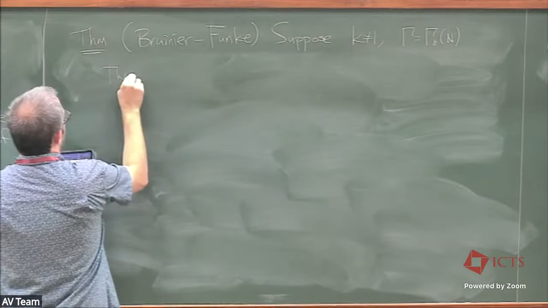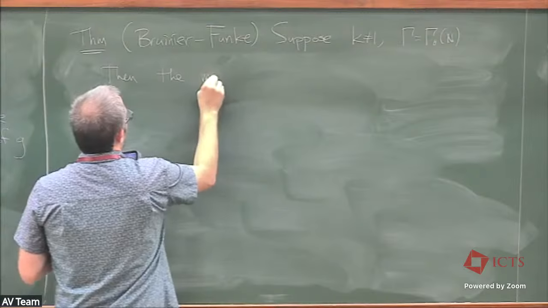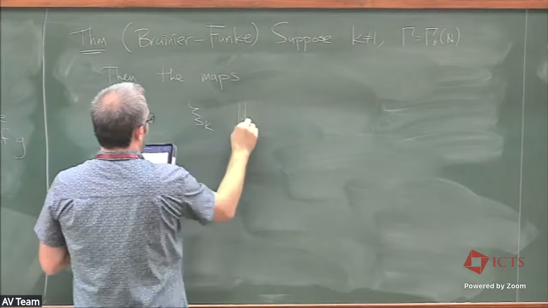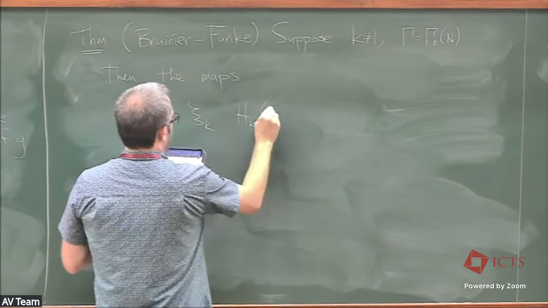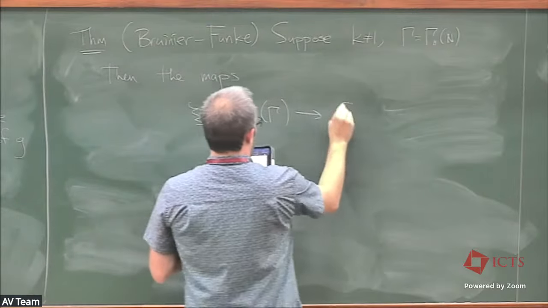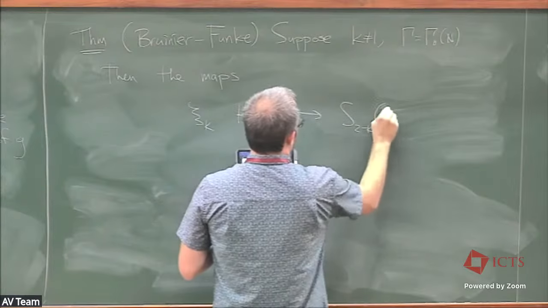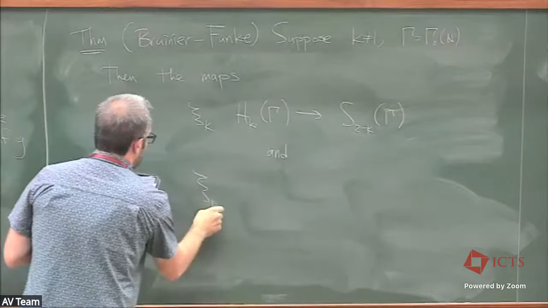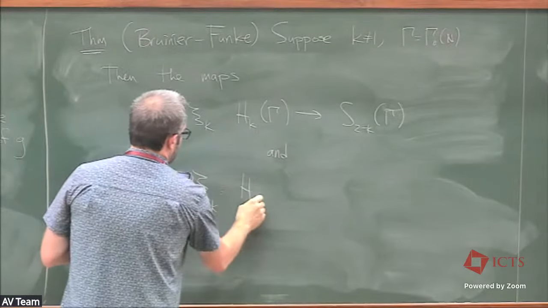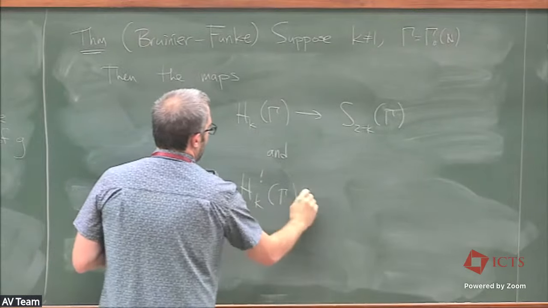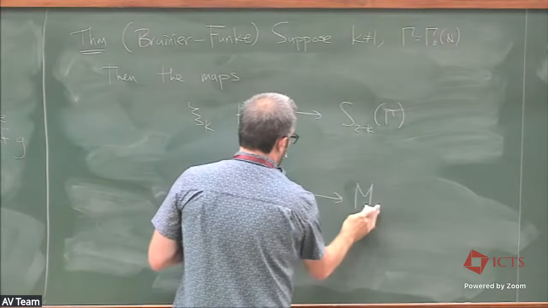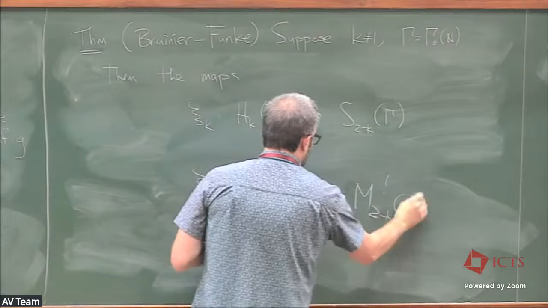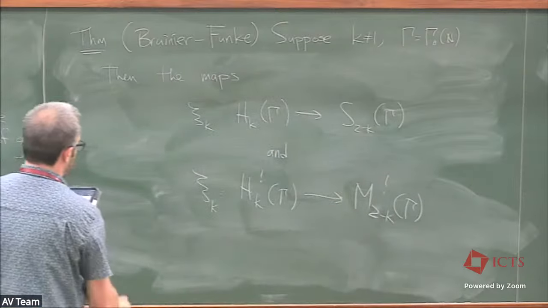Then the maps ξ_k from H_k(Γ) to S_{2-k}(Γ), and ξ_k from H_k^!(Γ) to weakly holomorphic modular forms, both of these maps are surjective.